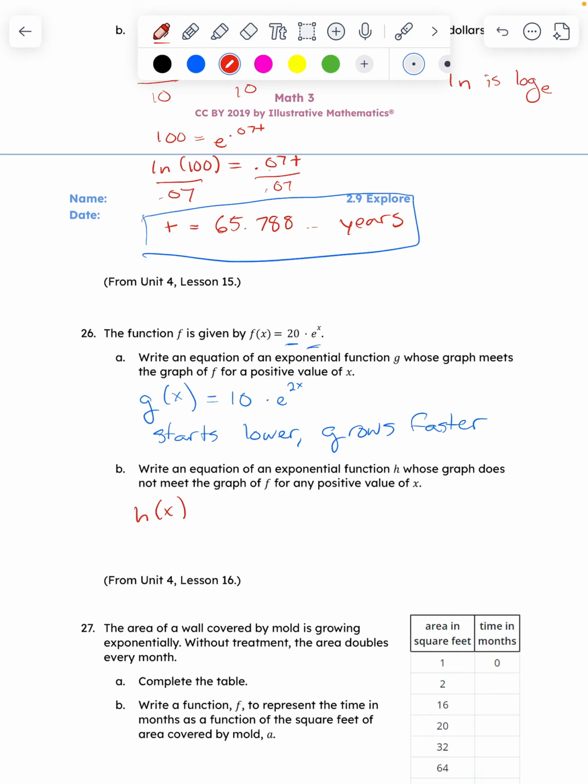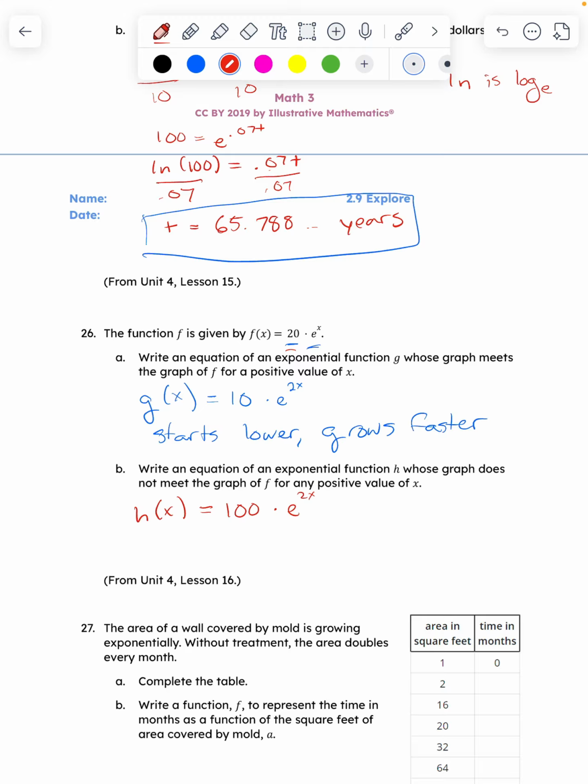And I'm going to pick something that starts higher and grows faster because I can. So for my starting value, anything higher than 20. I'm going to pick 100 arbitrarily. And then I need something that grows faster than e to the x. So I'm going to pick e to the 2x again, because I already figured that part out. So this is going to start higher on my graph, and it's going to be steeper.